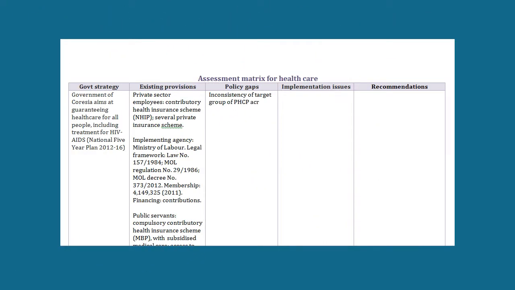This gap is written into the matrix. In addition, the other policy gaps from the case study. There is no reimbursement of transportation expenses under PHCP, and no access to healthcare benefits for undocumented migrant workers and refugees. And lastly, the non-affordability of SHI contributions.